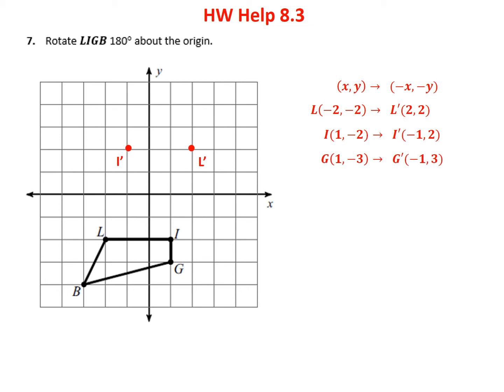And then the point G is (1, -3), so the opposite of 1 is -1. The opposite of -3 is positive 3, so my new point is G prime there. And then lastly, B is (-3, -4), so the opposite of each of those is going to be (3, 4). So I got my point here, and now I just draw my diagram, and I've rotated that 180 degrees about the origin.